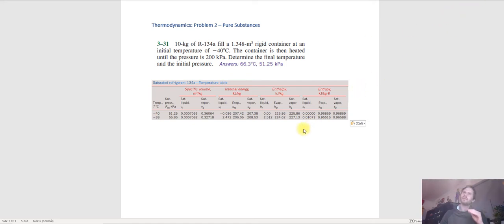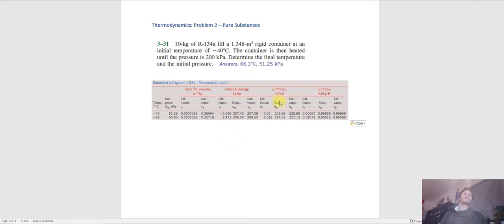So it is filled up, which means part of it, or everything for that case, must be vapor. This cannot be an undercooled liquid, but it can be superheated.